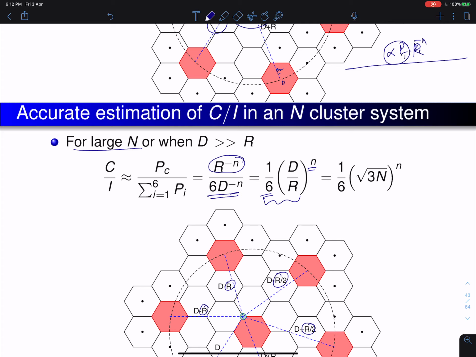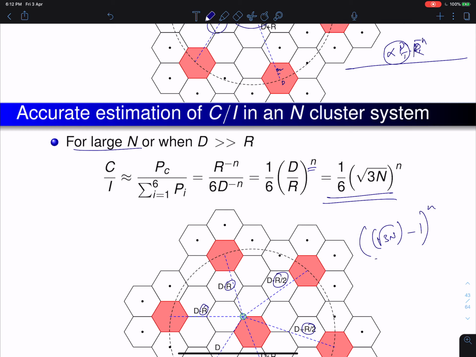If you recall, previously, when we assumed just one interferer, we got an expression of this form. There was no 6; the factor 6 was missing. Now the factor 6 is there because of considering all 6 tier 1 interferers. Previously it was root of 3n minus 1, the whole power n.